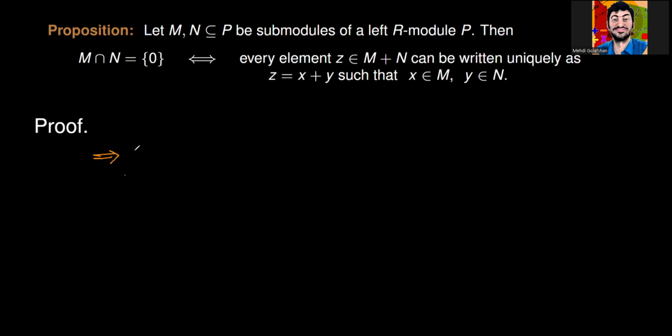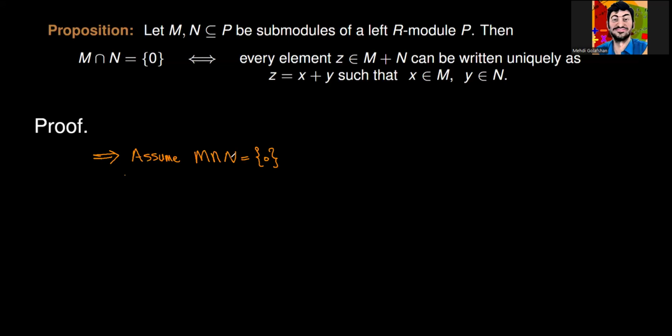So assume M intersection N is equal to 0. Let's prove this implication.